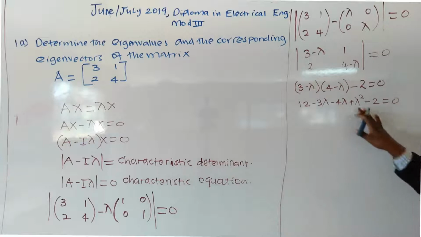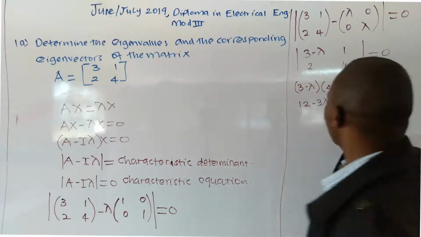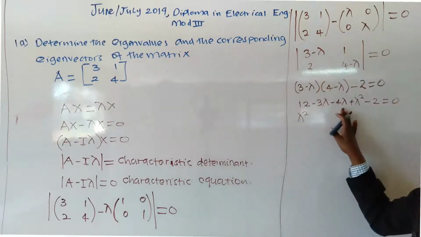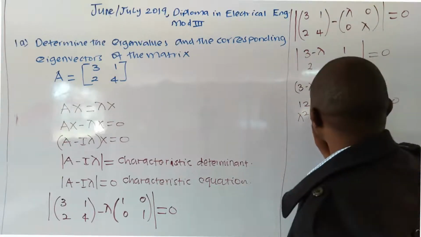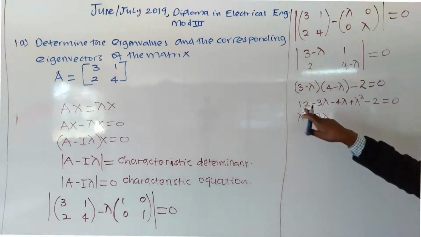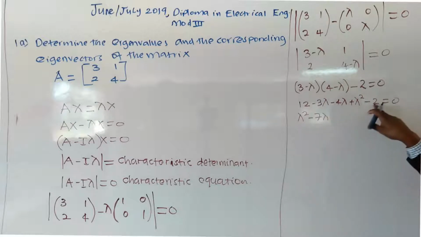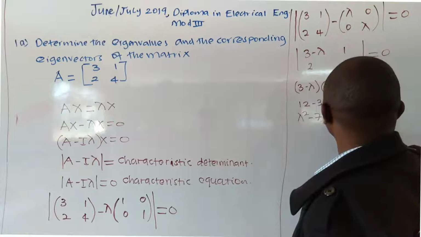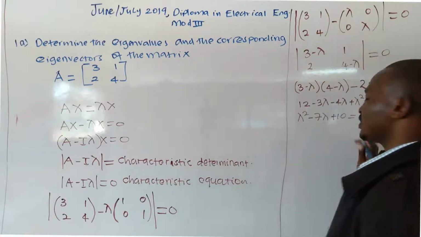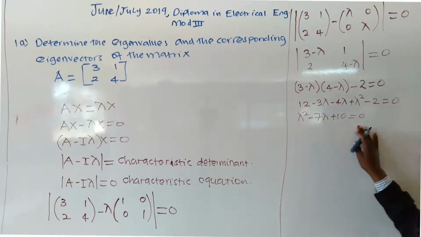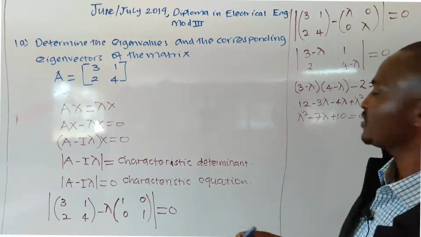Now let us write, starting with the highest power, lambda squared, you have negative 3 lambda and negative 4 lambda, which is negative 7 lambda. We also have 12 minus 2, that is positive 10, equate that to 0. We now need to factorize this characteristic equation so that we can get the values of lambda.